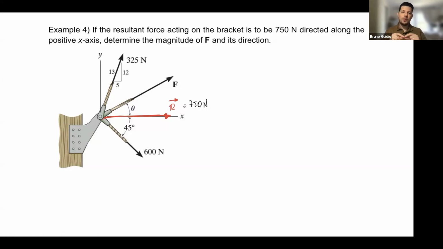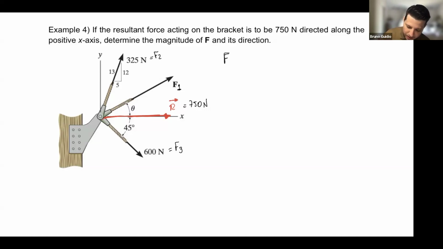So what do we need to do first? Well, let's find the x and y components of those forces. To help us here, let's say this one is F1, this is F2, and this is F3. Can we do that? Just so we can keep tracking the forces. Let's start with F1.